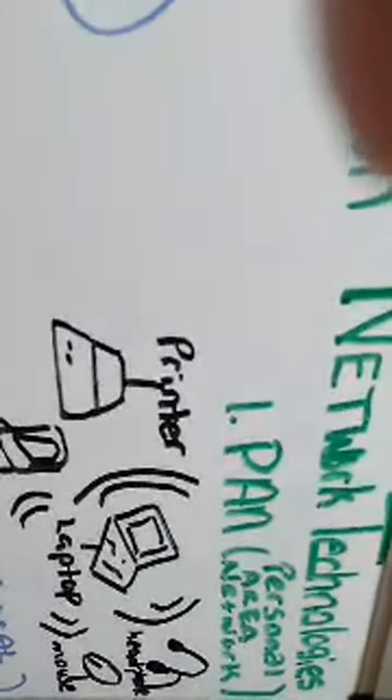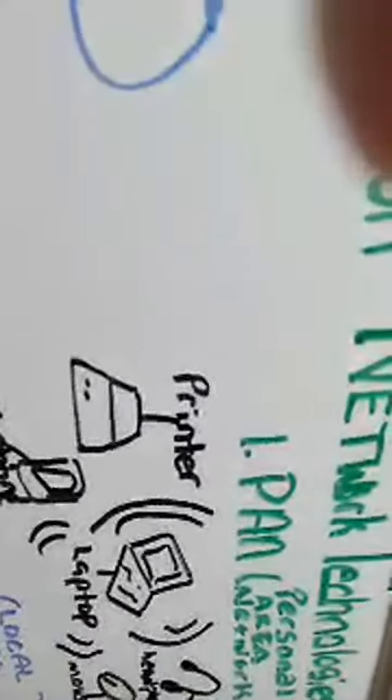Alrighty, so I would like to go over some terminologies that I believe would be helpful in learning the network and how the network works. So with the PAN, it's a personal area network, and defined, and I got this out of Wikipedia. Personal area network is a computer network for interconnections of electronic devices.